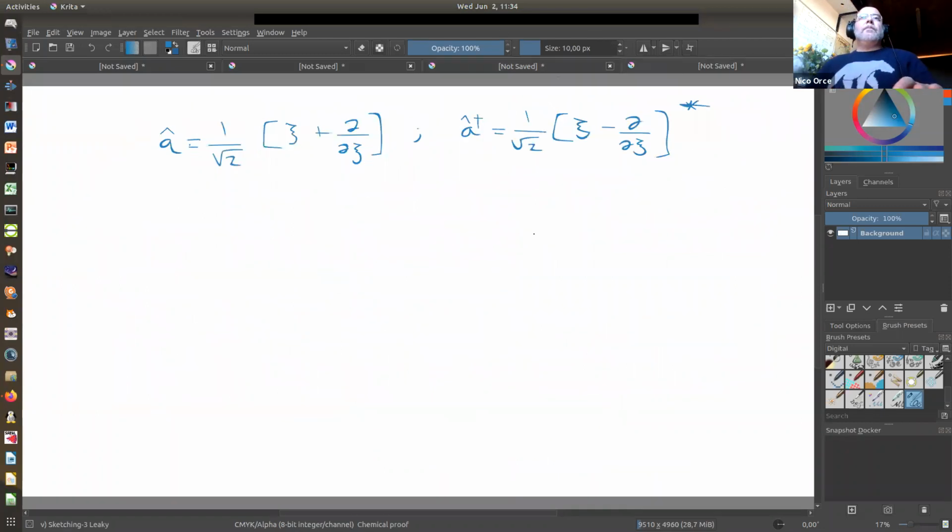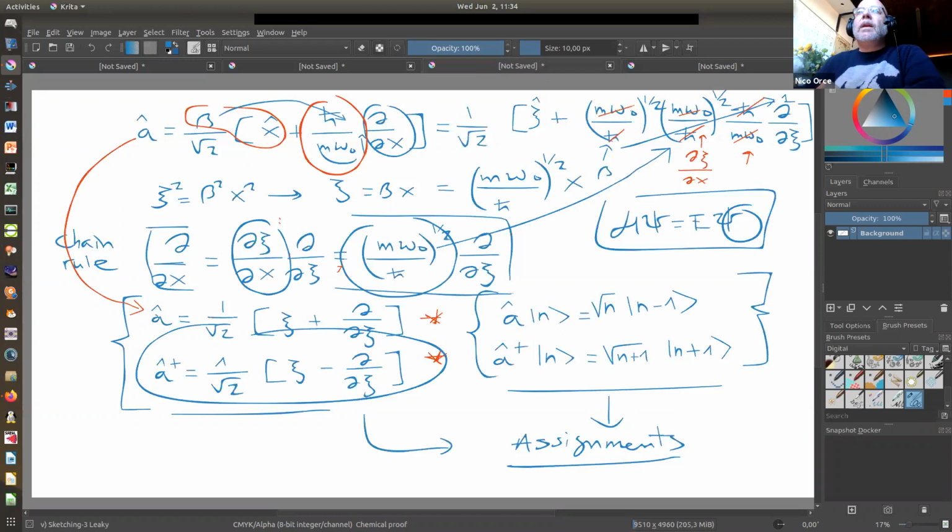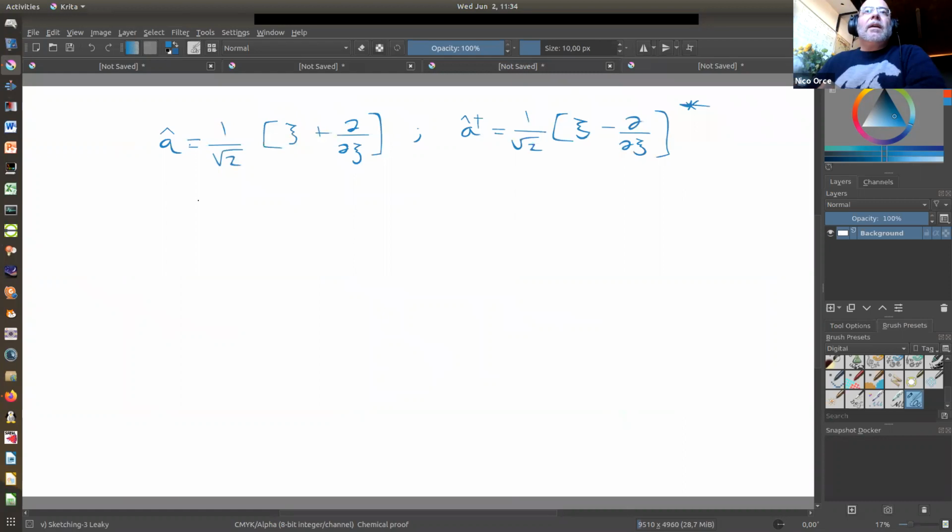So now what do we do here? We are going to apply these conditions. A operating on a wave function is equal to the square root of n times the state n minus 1.